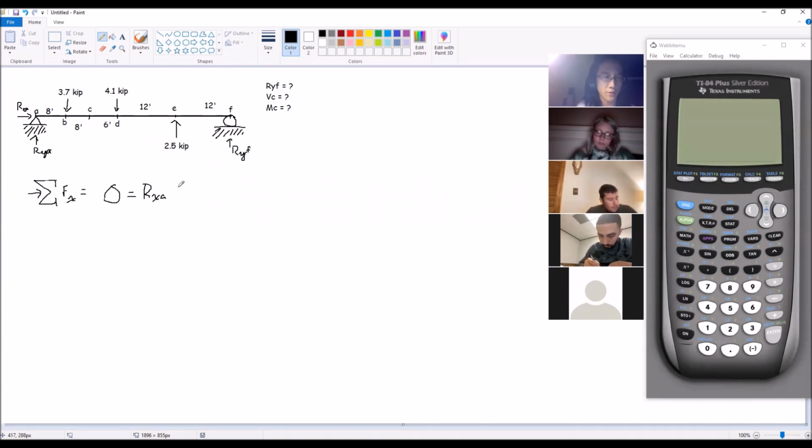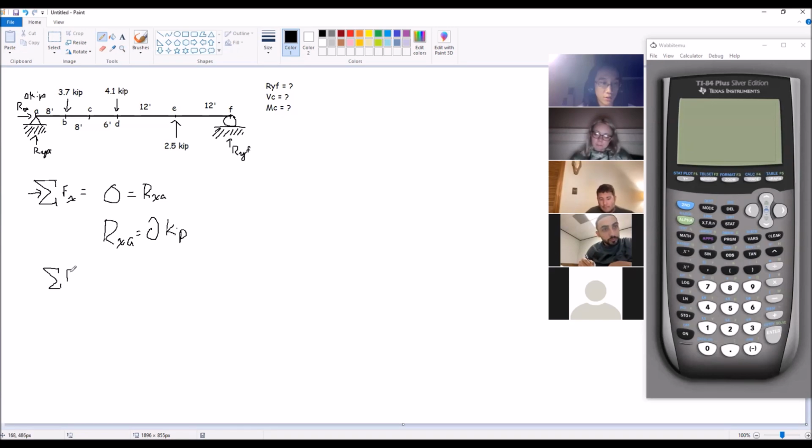Is there any other forces going in the x direction? Negatory. So we have RXA equals 0 kips. Beautiful. You didn't need to do that problem because all you got is 0, but go through all the steps.